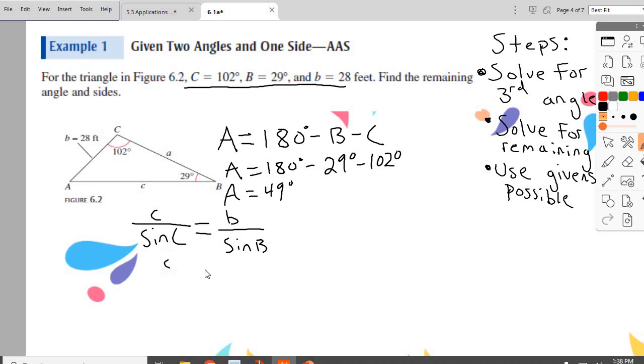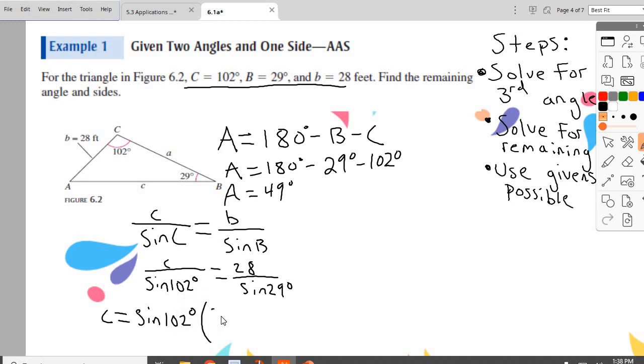Okay. So then, again, like I said, once we have our formula, we're basically just plugging and chugging. I'm going to plug in my big C, which is 102 degrees. We have that little b is 28, and big B is 29 degrees. And then we're just solving. Right now we have c divided by sine of 102. So how do we get rid of division? Multiplication. So we're just going to multiply both sides by sine of 102 degrees.